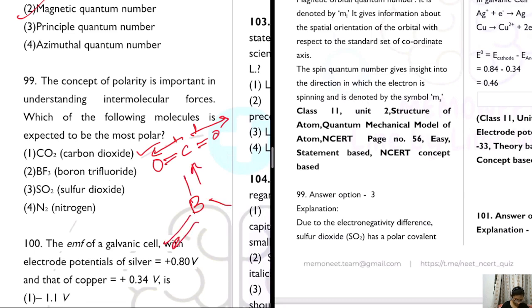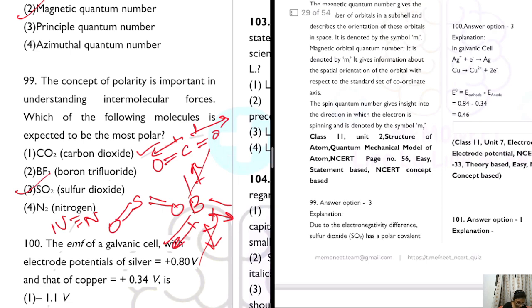So this is the case and the resultant would be this, and this would be cancelled out. SO2, this is polar. Why? Because it does not have this kind of structure where it can be cancelled. Nitrogen is diatomic homonuclear, so it will have zero. Let's see the next question.